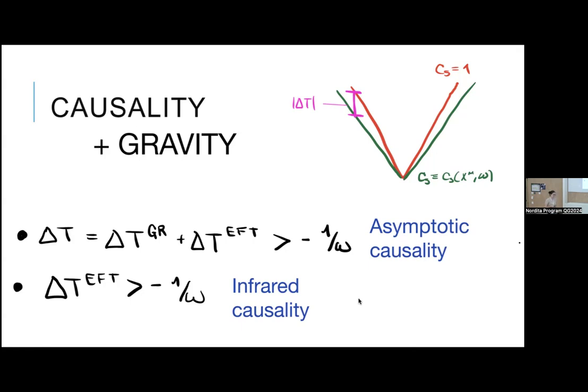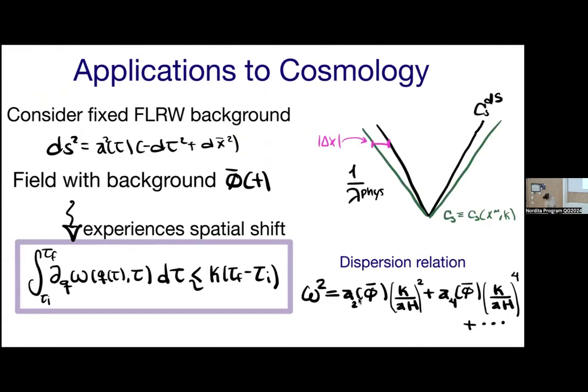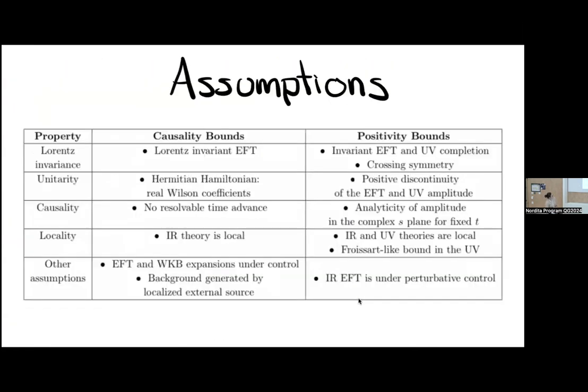QED in a curved background and integrate out the electron. And then you're going to find that both of these bounds are satisfied. So I actually should have, if this goes quickly, the explicit expression for that one.